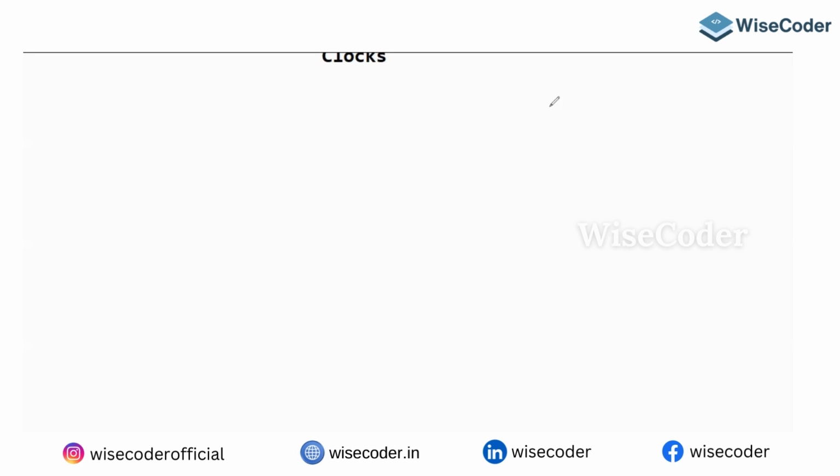Okay, so look here. 9 to 10 o'clock is 1 hour, 11 o'clock 2 hours, 12 o'clock 3 hours, 1 o'clock 4 hours, 2 o'clock 5 hours, and 4 p.m. will be what?